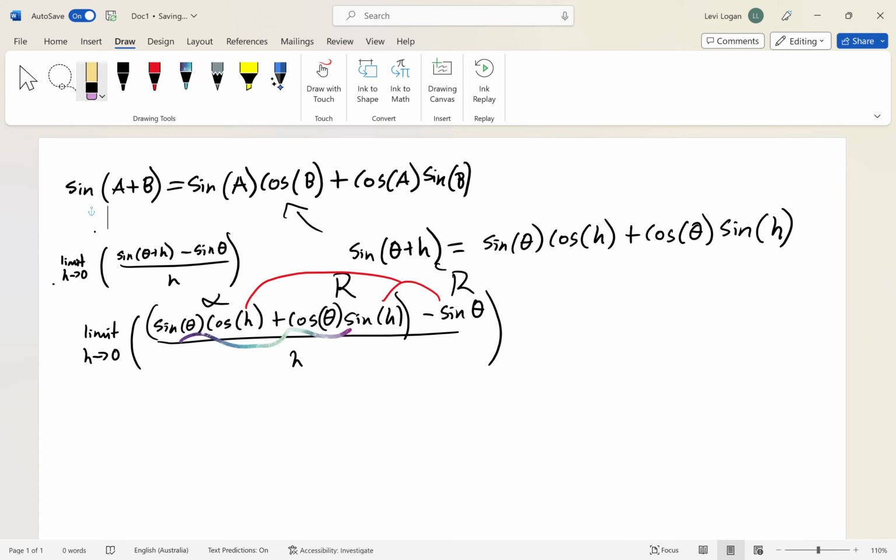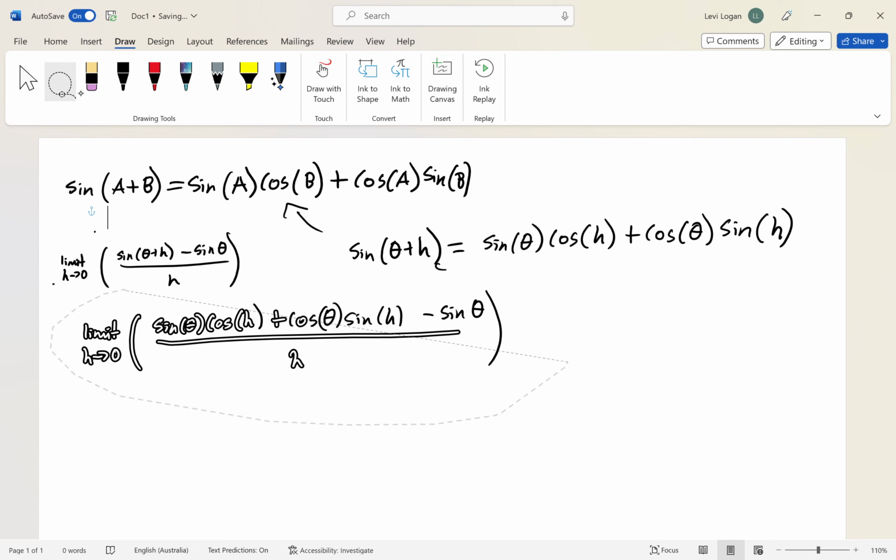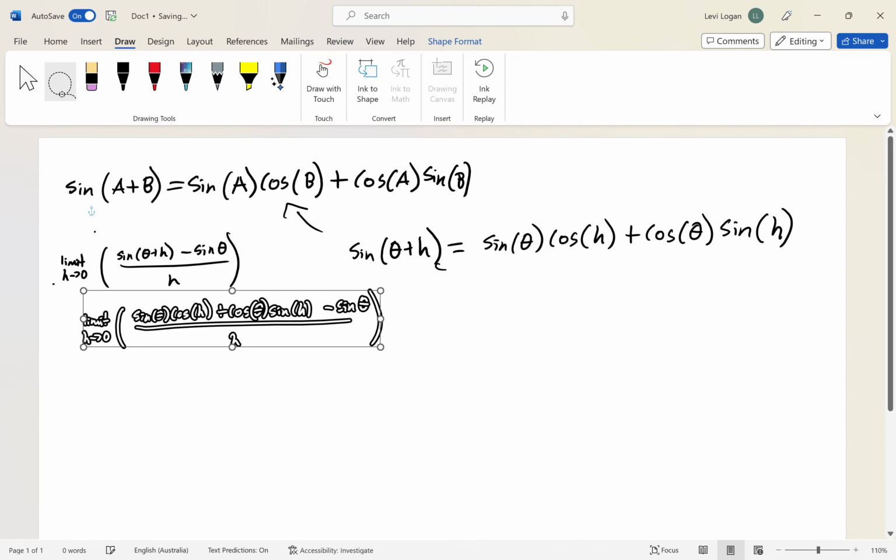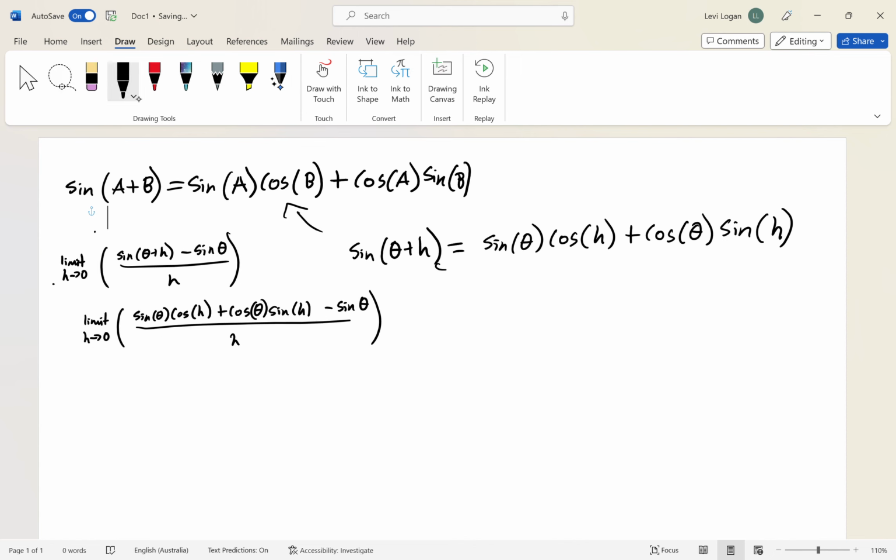And we can play around with that and just get rid of the brackets and group them. So I'm going to rewrite this a bit so we can take out a factor. Alright, so limit as h approaches 0. Instead of having the minus sine theta over here, I'm going to move it next to this term here.